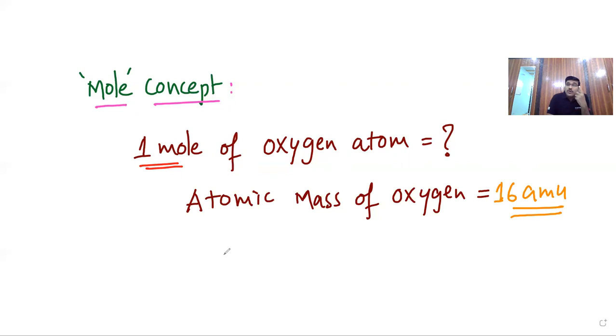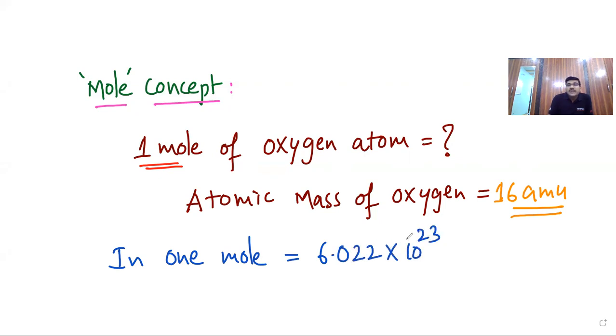In 1 mole, 6.022 into 10 to the power of 23 numbers are there. We need to find what 1 mole of oxygen atoms is. The direct question. That means these many oxygen atoms are present.